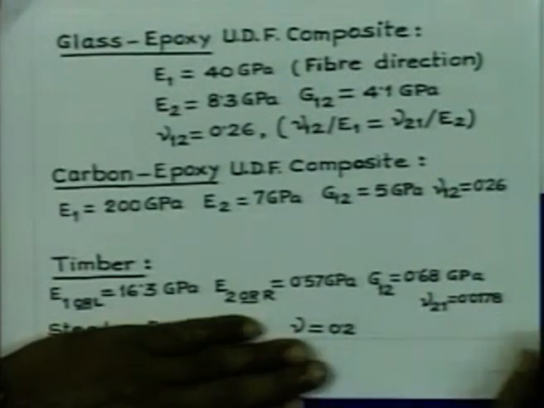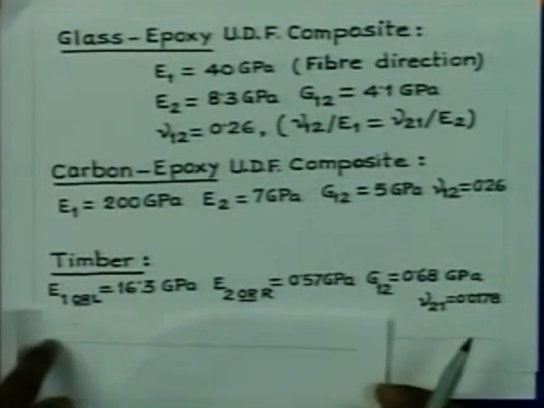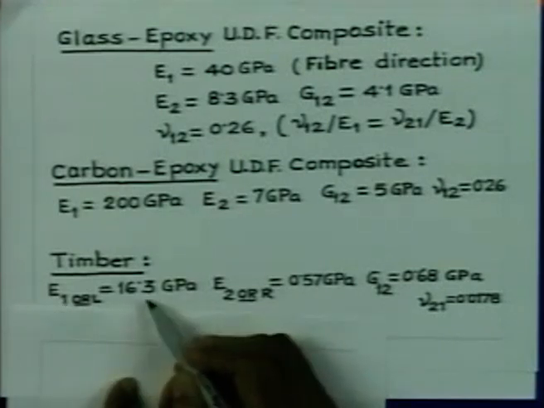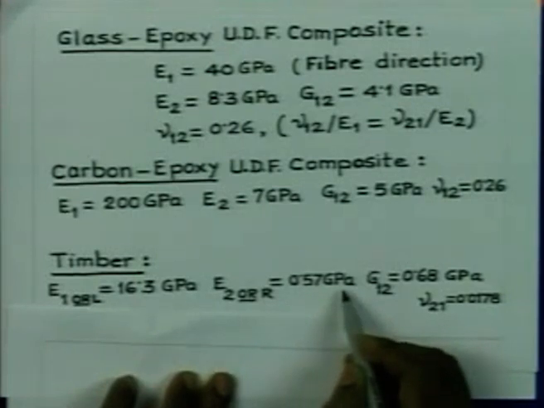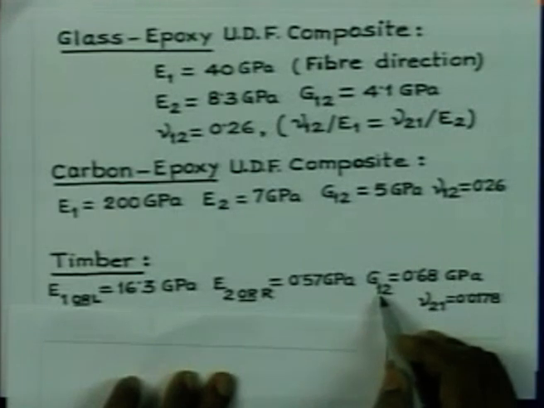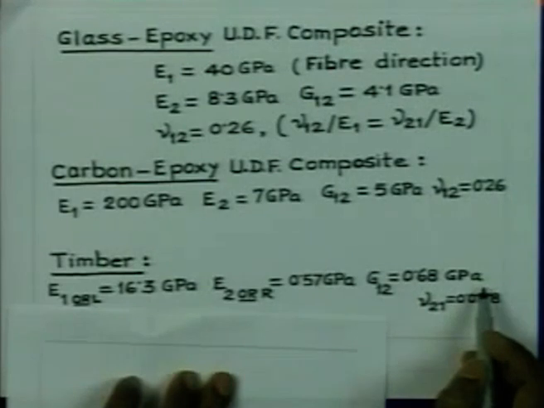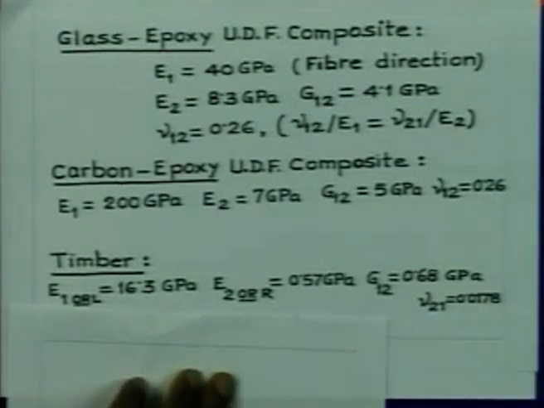And in the case of timber, in the longitudinal direction, that means in the direction of the trunk, you have 16.3 GPa, in the radial direction it is 0.57 GPa, and in the direction 1 2, that means longitudinal radial, the modulus of rigidity is 0.68 GPa, and nu 2 1 is 0.0178, that is the Poisson's ratio constant.